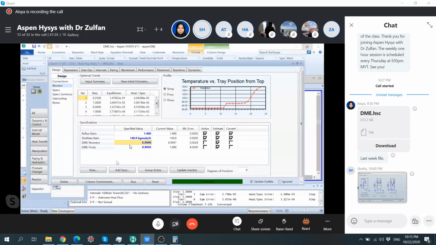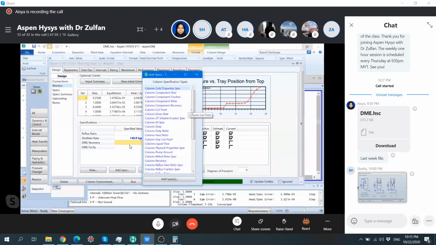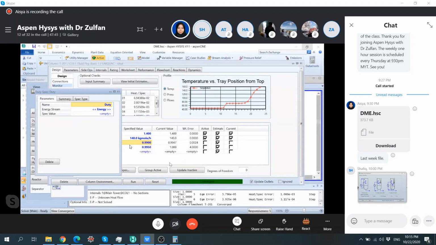Okay, now I want you to add reboiler duty and also condenser duty. Column duty. Look at column duty. And then rename it as reboiler duty, for example.